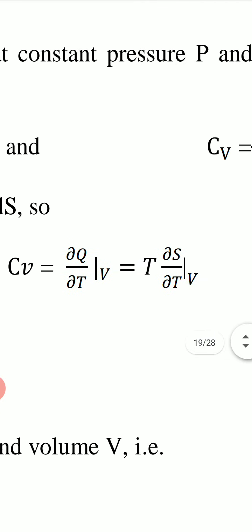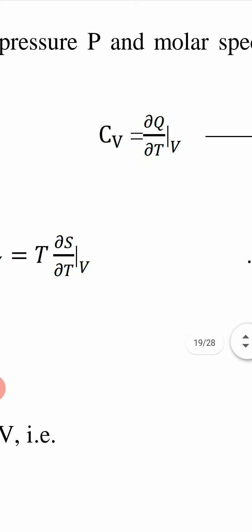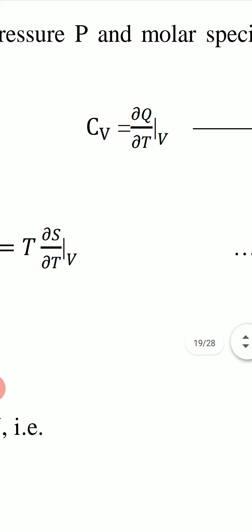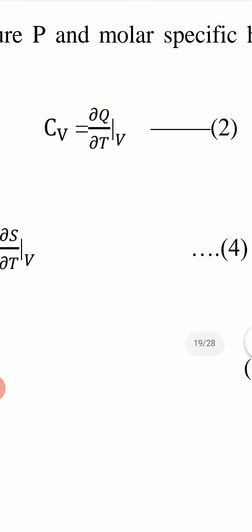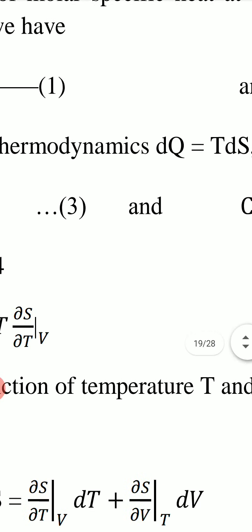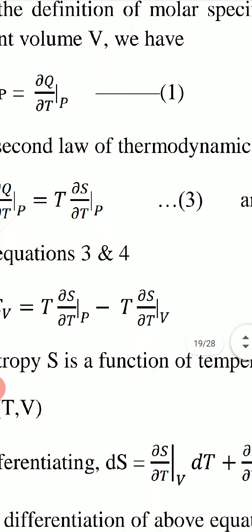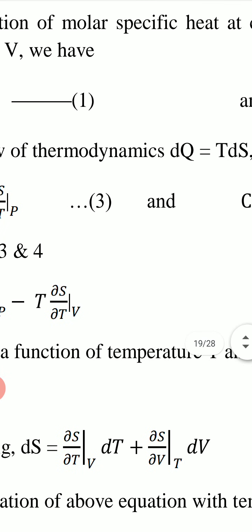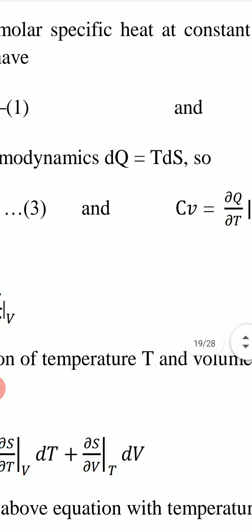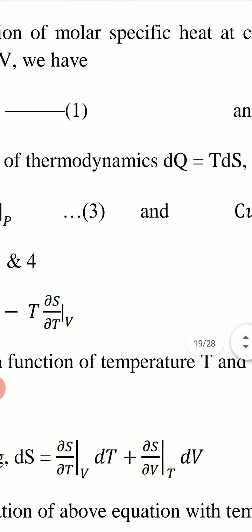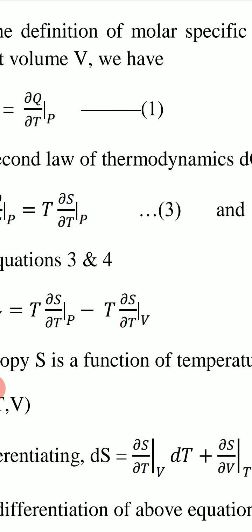And Cv is equal to delta Q upon delta T at constant V. This is equation 2. Now from second law of thermodynamics, we have dq equal to T ds.